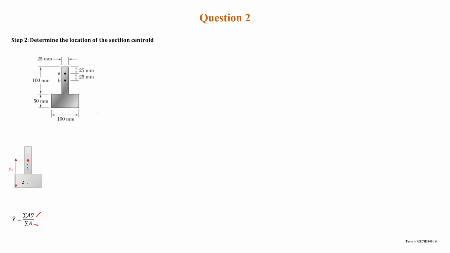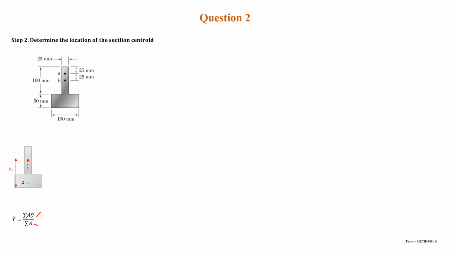For shape 1, the y1 is obtained by measuring the distance from the neutral axis, which is the bottom here, to the center of the beam. Here it is right in the middle of beam 1.